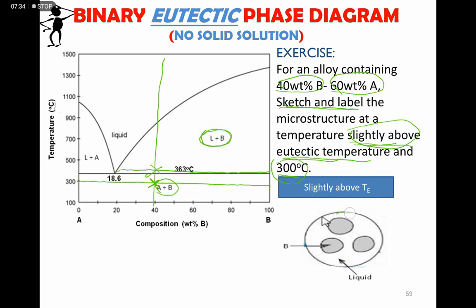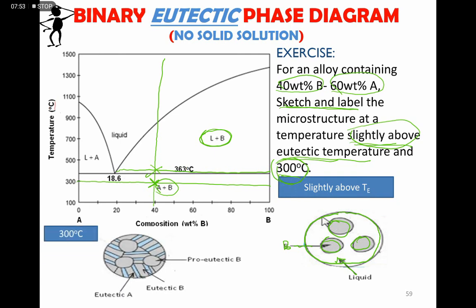So make a circle here, and this is your liquid, and this microstructure is solid B. Now 300 degrees Celsius. Your answer is like this.